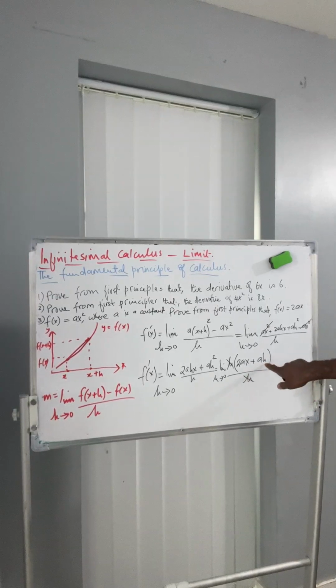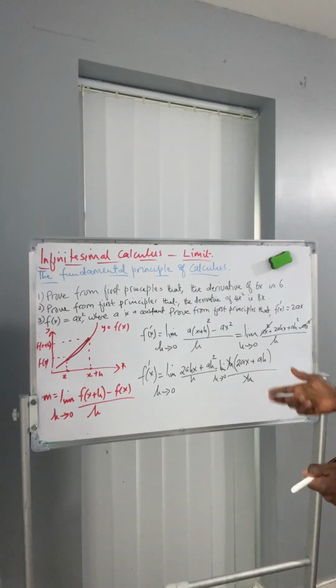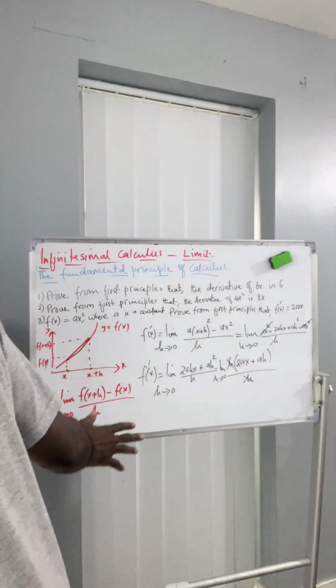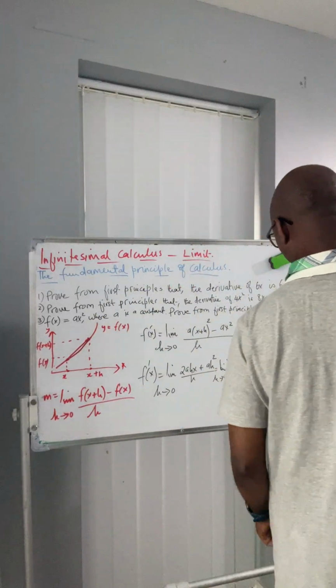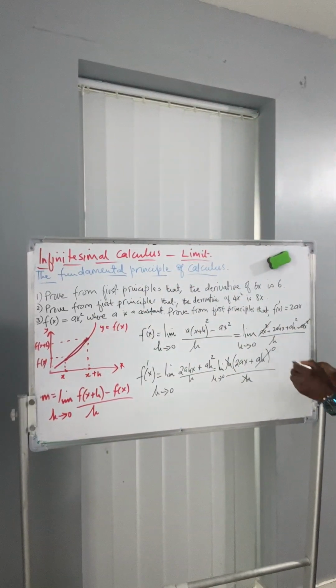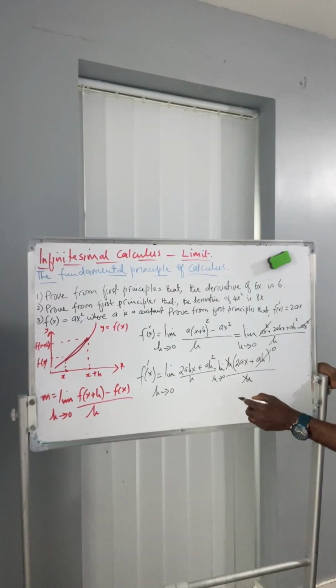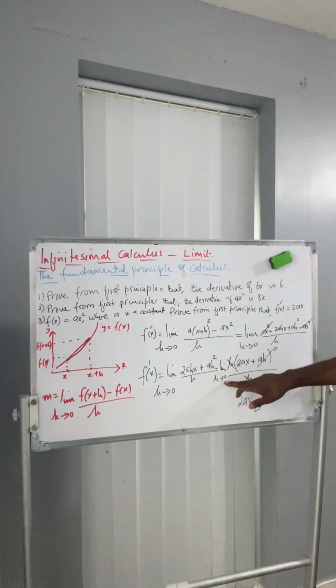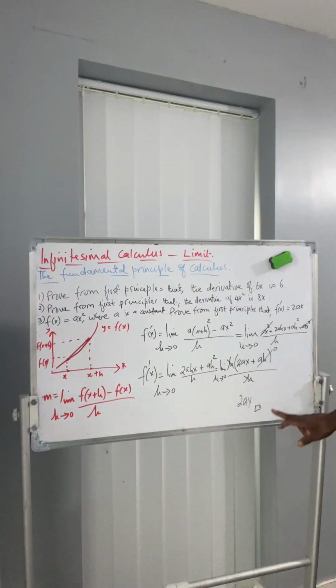But when this h approaches 0, when it's very, very small, it becomes negligible in this equation. You just ignore it, which means this part here will go to 0. So what is left is 2ax. So which is proven. The moment this h approaches 0, this is 2ax.